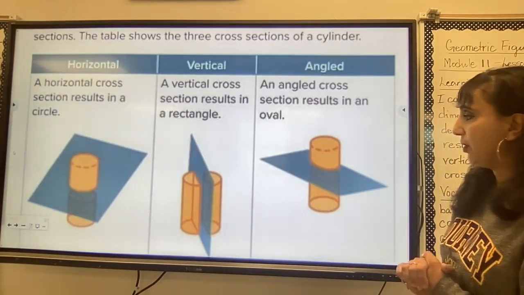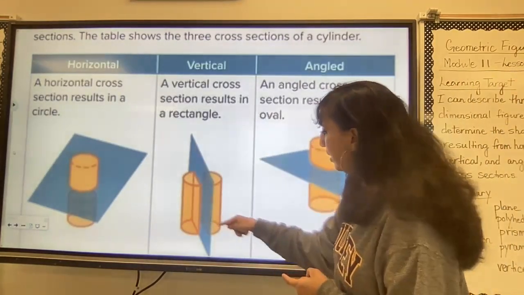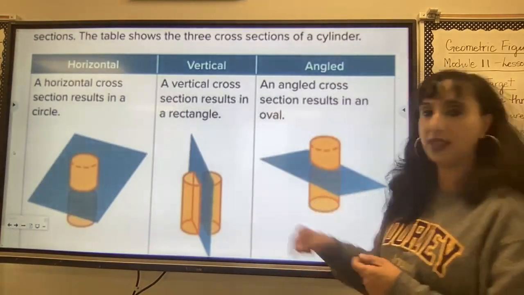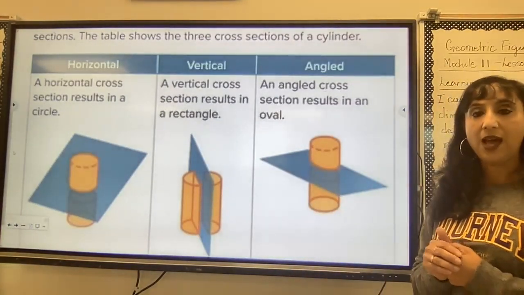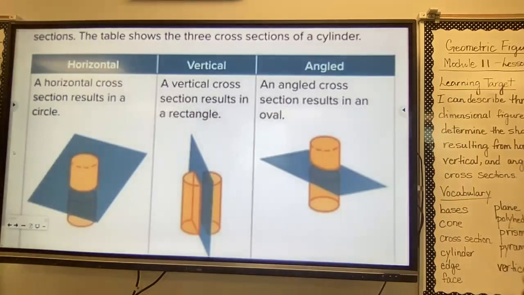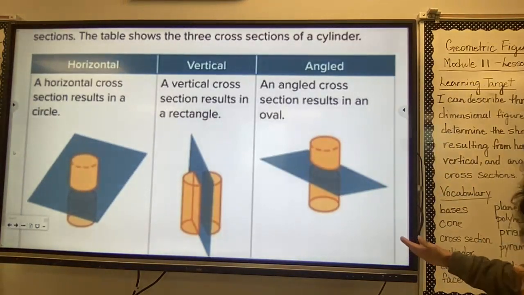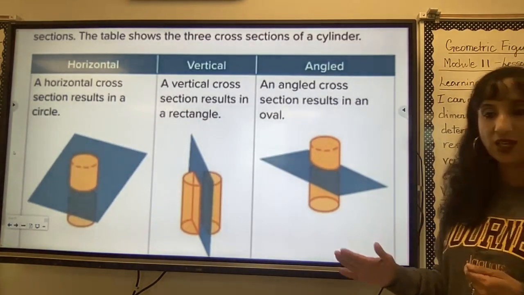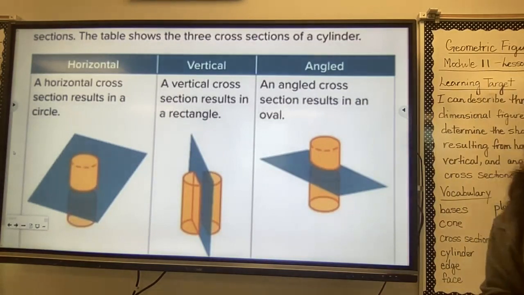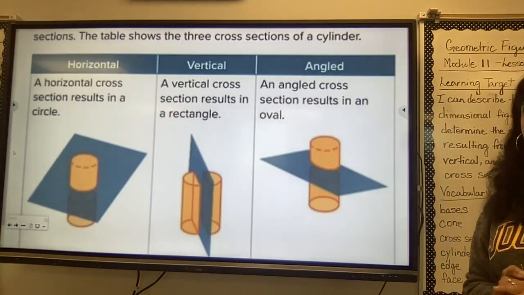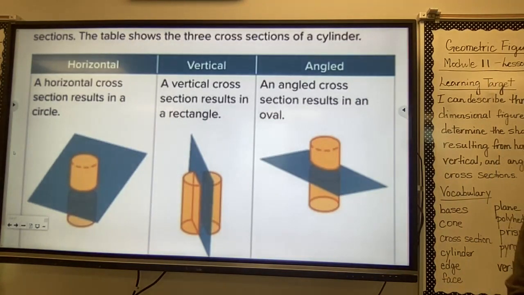So when I do it vertically, I'm left with a rectangle, as you can see in the middle. And then let's look at the angled cross section. So if it's angled, I am going to end up with an oval in this case. All right, so that's how we look at the different types of cross sections.